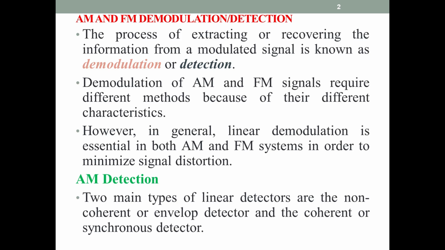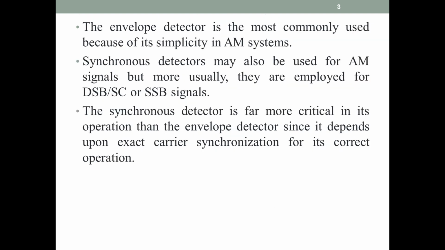Two main types of linear detectors are the non-coherent or envelope detector and the coherent or synchronous detector. The envelope detector is the most commonly used because of its simplicity in AM systems.